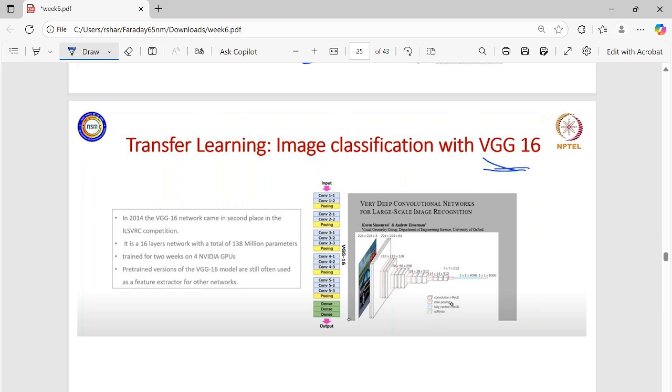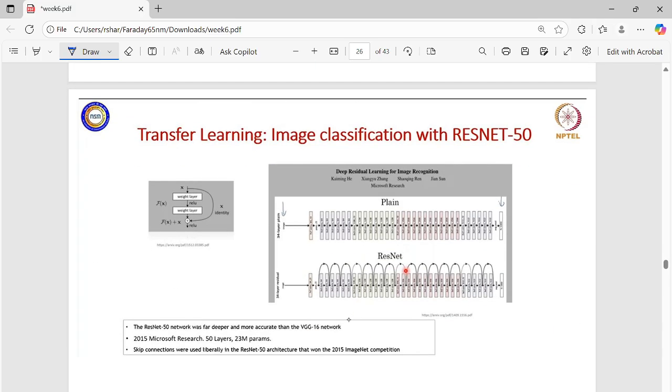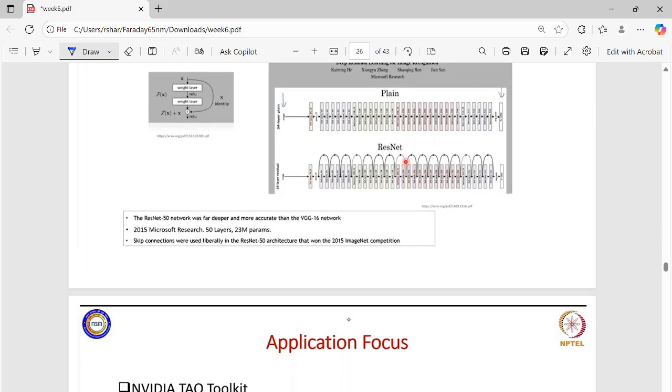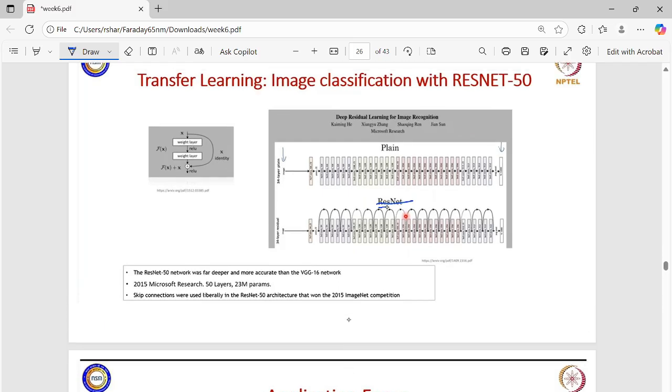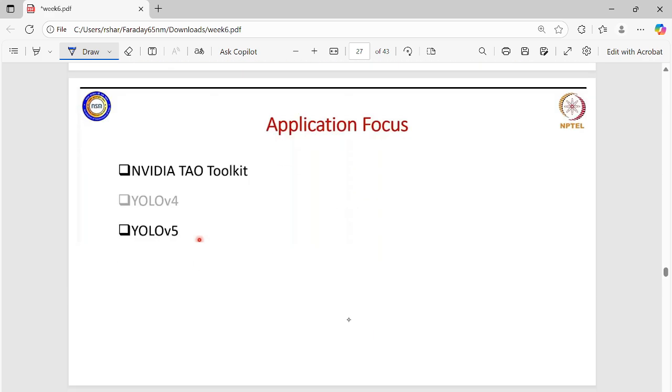This is very deep convolutional networks for large-scale image recognition. So this we know ResNet. We have this skip connection.